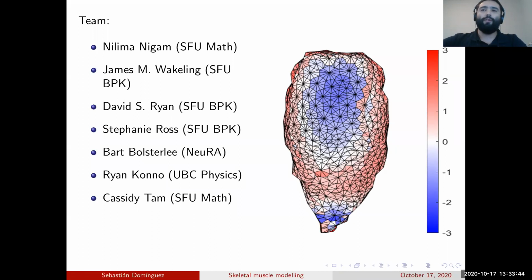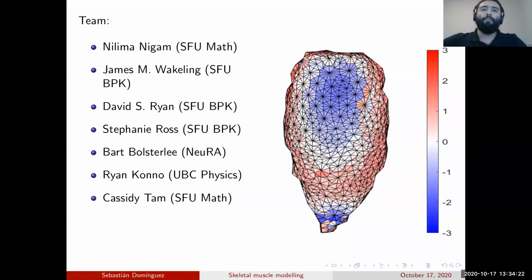This is where my mix of math and biomedical areas came from within my PhD, which was very useful because I ended up learning a lot of the non-mathematical details of the model. My two other collaborators were David Ryan, also a former PhD student who is now at UC Irvine, I think, as a postdoc, and PhD student Stephanie Ross, who is finishing very soon.